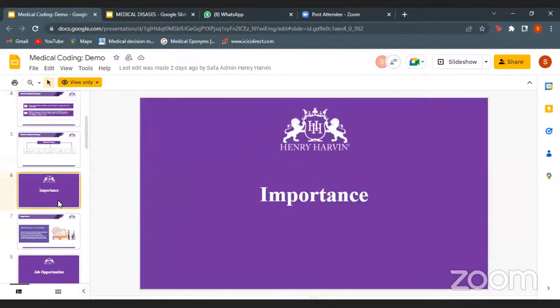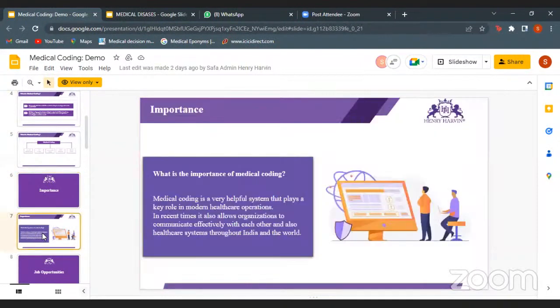Now, what is the importance of this particular field? The importance is that medical coding is a very helpful system that plays a key role in modern healthcare operation. In recent times, it also allows organizations to communicate effectively with each other and also with the healthcare system throughout India and the world.